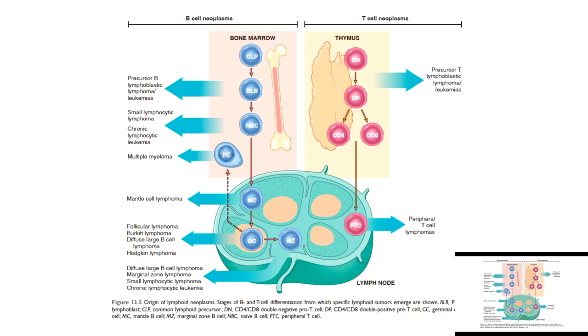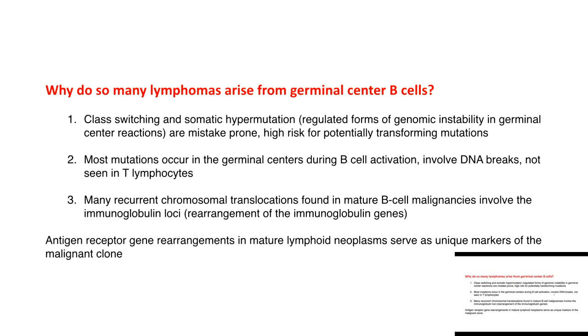Now, if we look at the origin of the lymphoid neoplasms, here is an interesting thing. You see, a lot of lymphomas seem to arise from the germinal center, and these are mostly B neoplasms. Yes, it is true that there are many other lymphomas arising from other B cells and less commonly the T cells. So, why is it so?